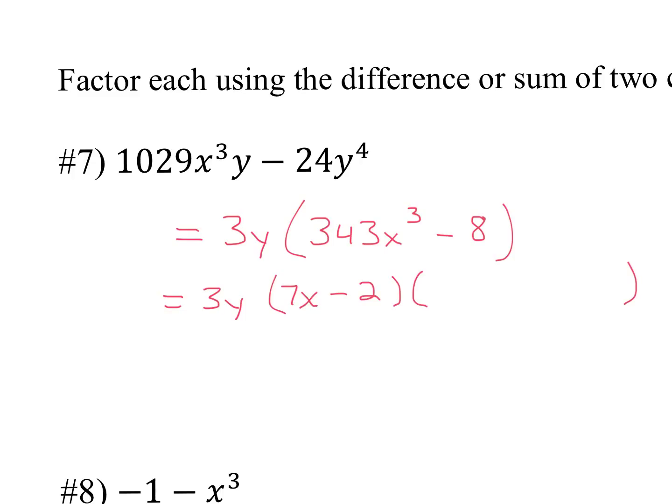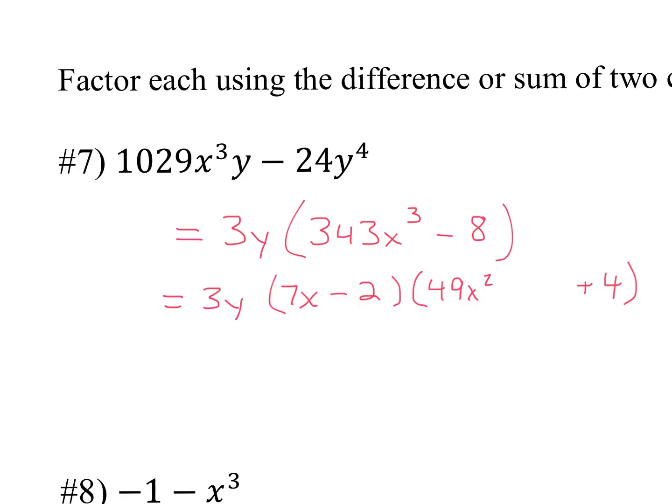In the first position is this number squared, this term. It's going to be 49x squared. In the last position, it's going to be 2 squared, which is 4. The last term is always plus. The middle term, if you look back at your factoring sheet on the front, if this is a minus, this here is the opposite sign.